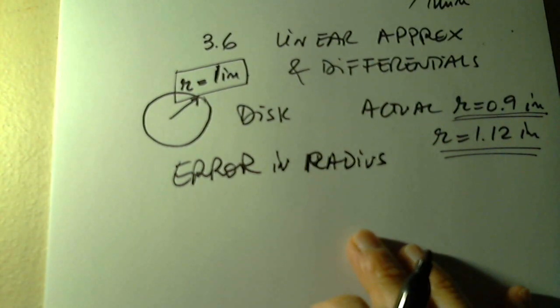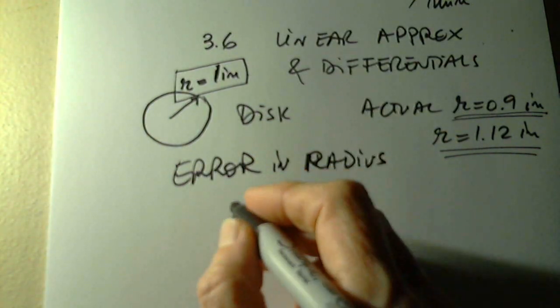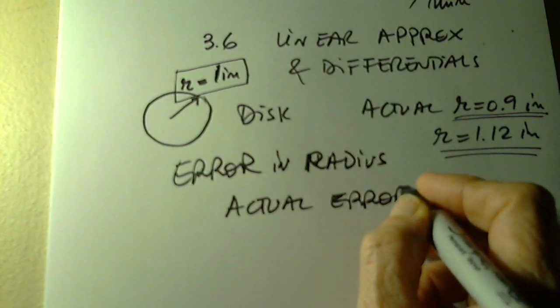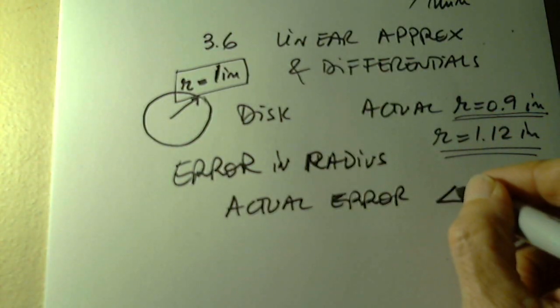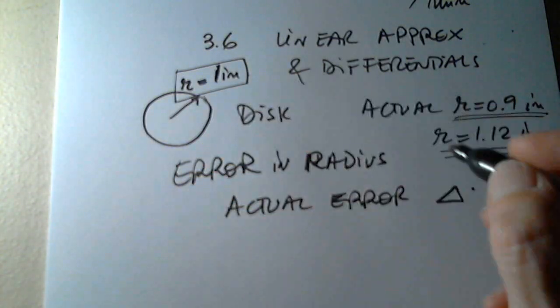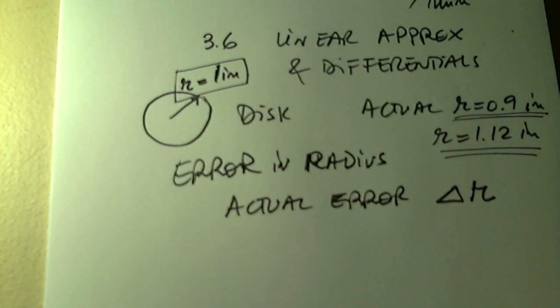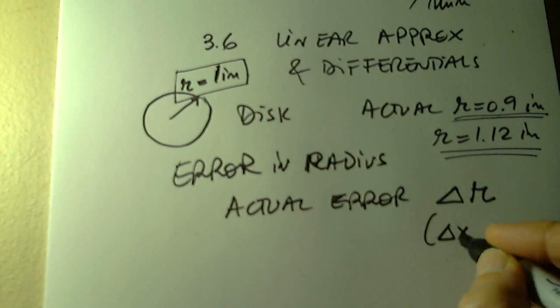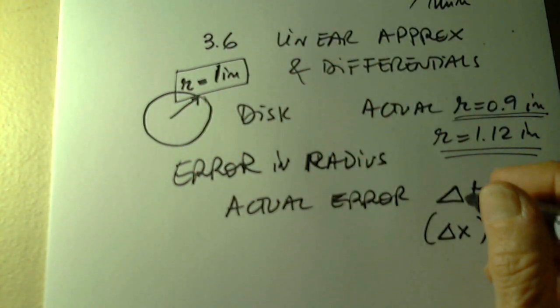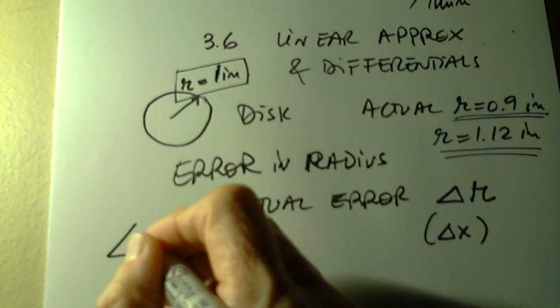That error in radius is called actual error, which is delta x. I used r, so I'm going to use delta r or delta x. If we call it x, it's delta x. So this is the Greek letter delta.